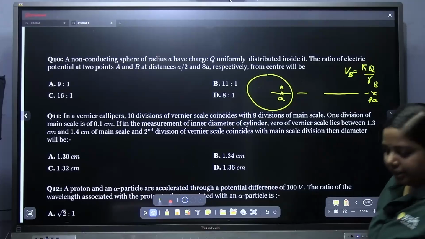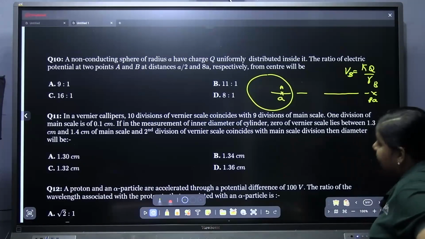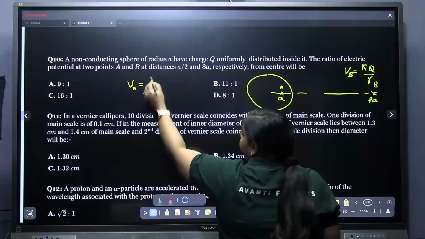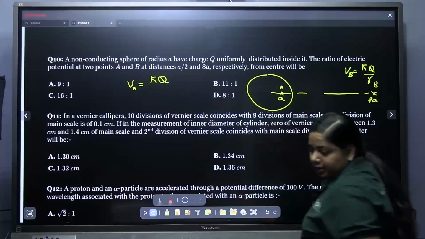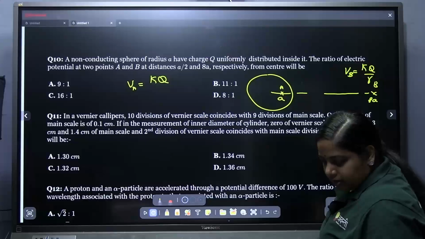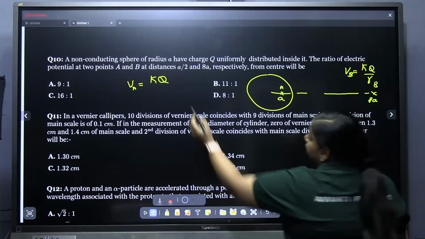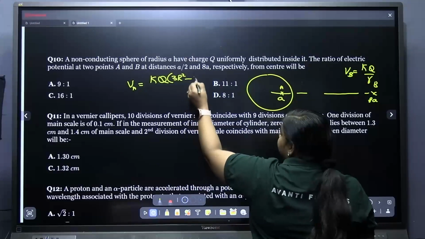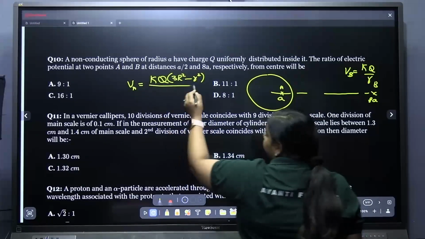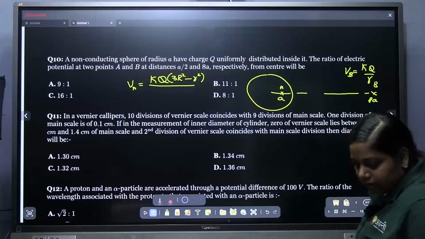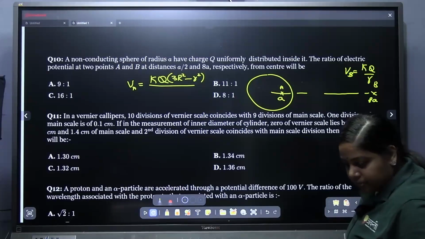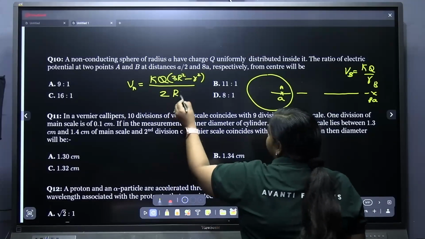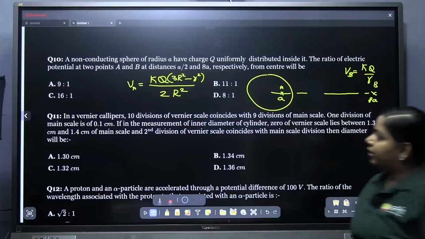Potential inside, you need this formula. Potential at point A is equal to KQ (3R square minus r square) divided by 2R cube.